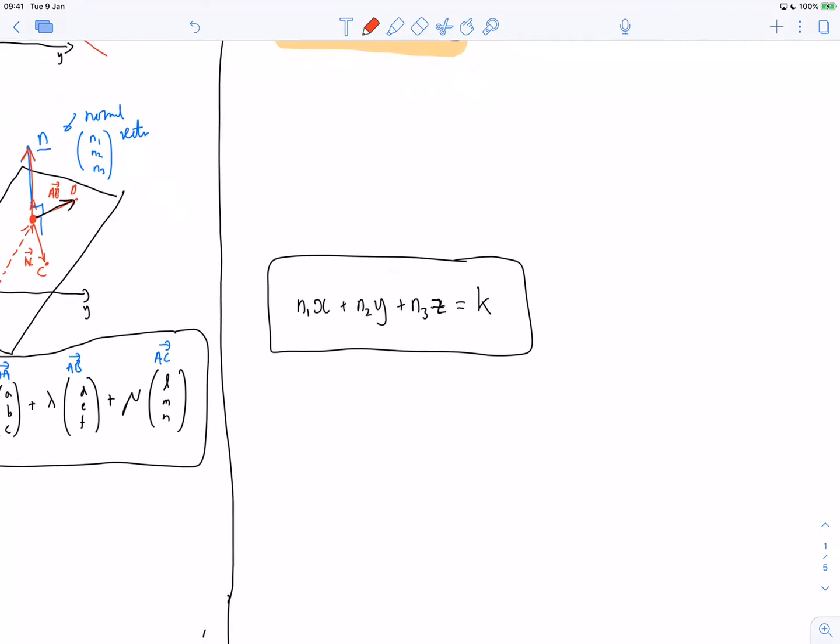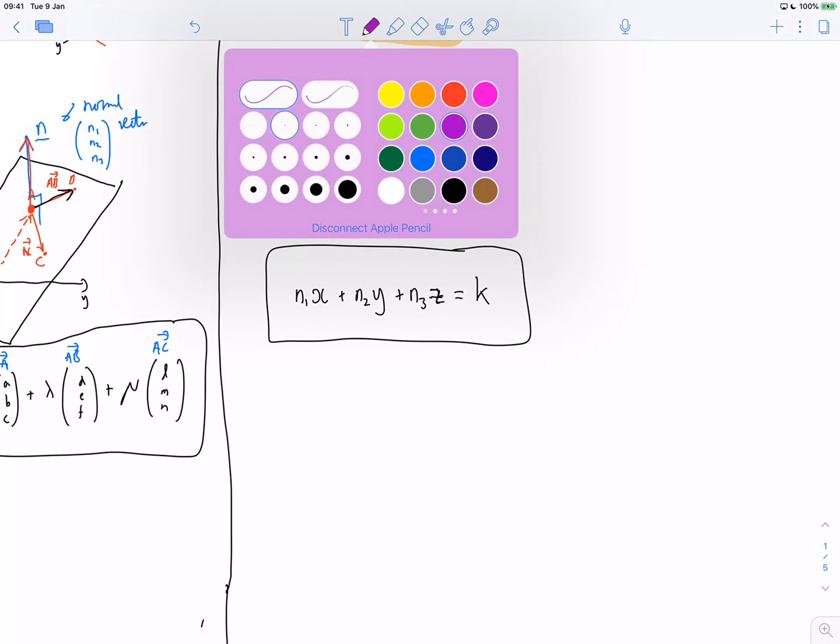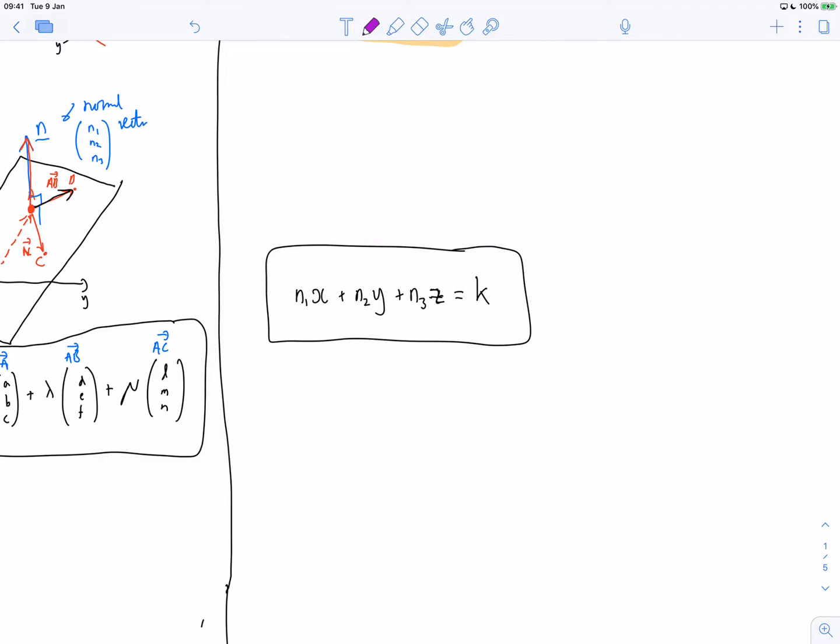Okay, and if you look very closely, and remind yourself what's going on here, n1x plus n2y plus n3z equals k, this is just (n1, n2, n3) taken with the dot product of (x, y, z), and this just equals a constant. That shouldn't be a surprise. If I take the dot product of the normal vector with anything else on the plane, I will always get a constant.